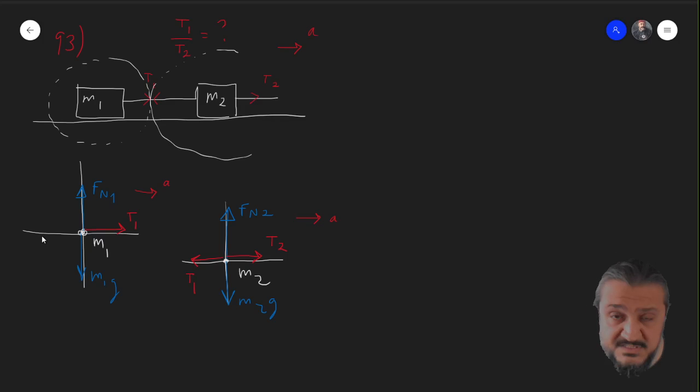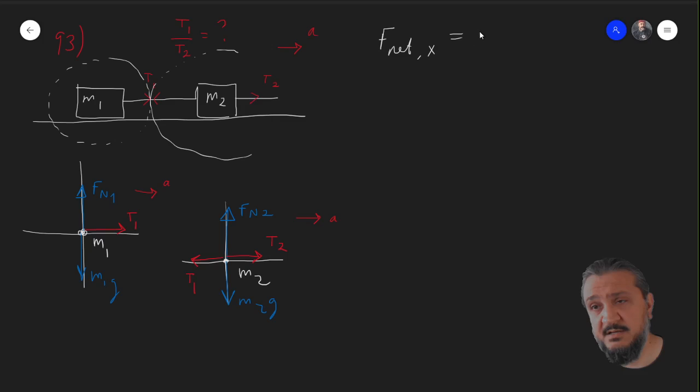There are no numbers in the problem, just symbols, and we're going to use symbols. We're going to write down F equals ma only in the x direction. So what I need is the x component of the net force. That will be equal to the x component of ma, which is just a.